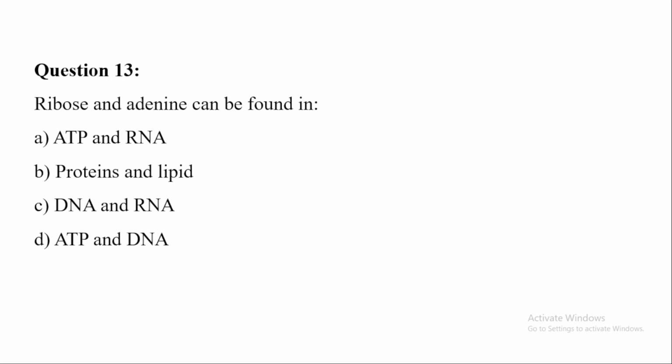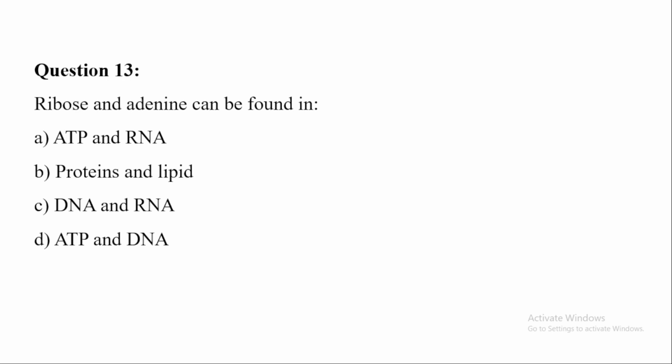So the molecules that have both ribose and adenine will be option number A, ATP and RNA. ATP has both adenine base and ribose sugar, and RNA also has both ribose sugar and adenine along with other nitrogenous bases.